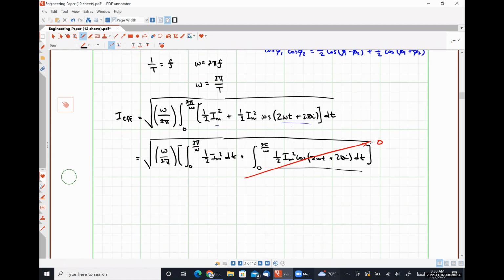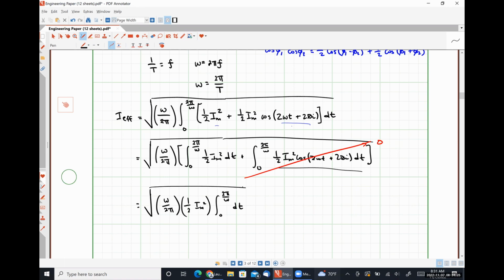So what are we left with? Square root of omega over 2 pi. I'm going to take 1/2 Im squared out because it's a constant. Times the integral from 0 to 2 pi over omega dt.